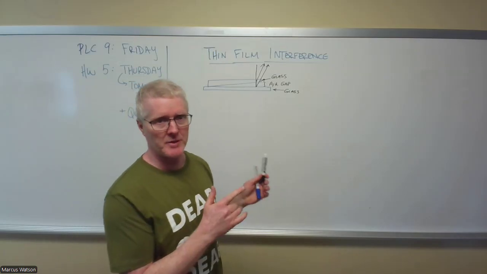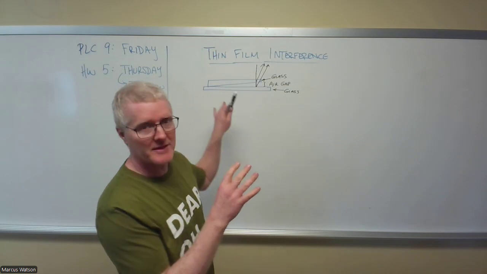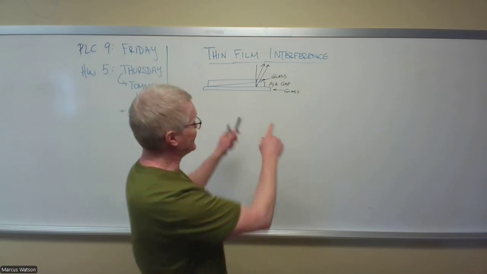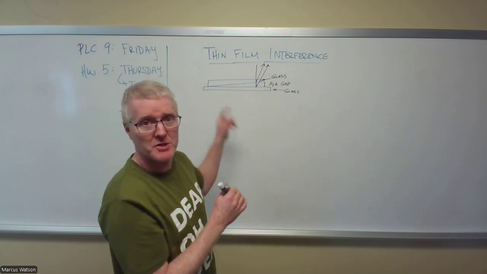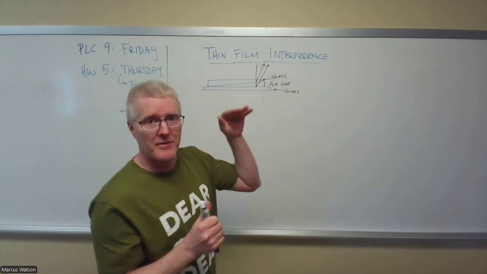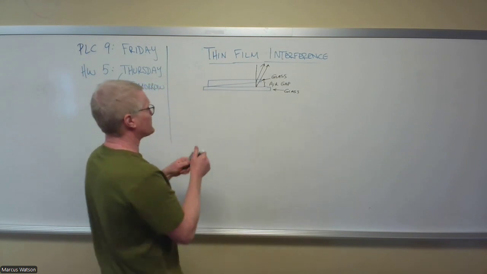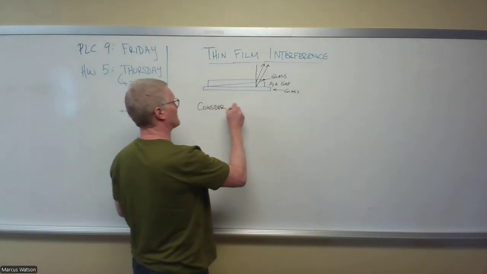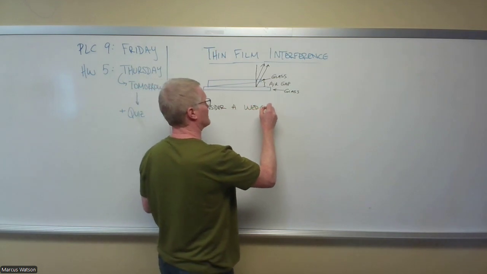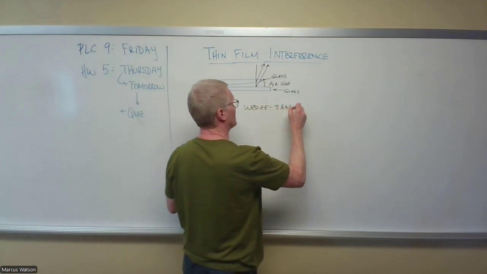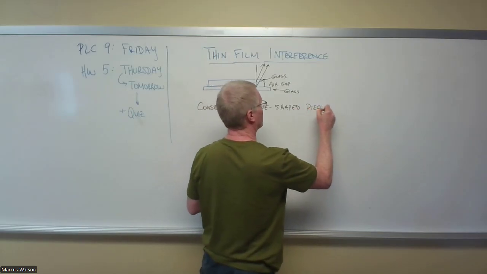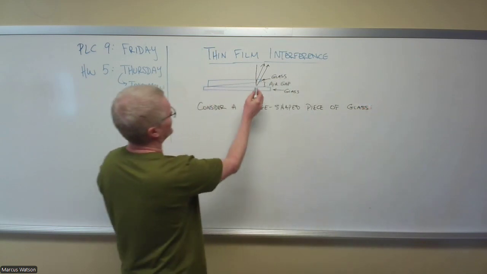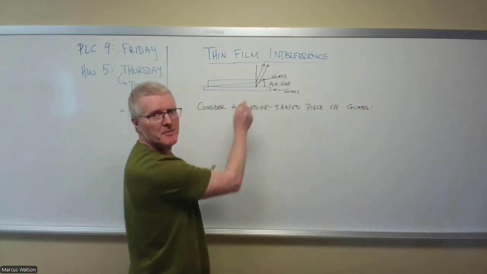Instead of doing it this way, I'm going to actually do the photonegative of this. Let's have a wedge-shaped piece of glass, as if it was shaped like the air gap, and let's look at thin film interference from that. You can consider it to be just the same shape as the air gap here.